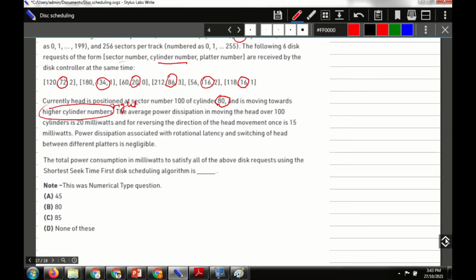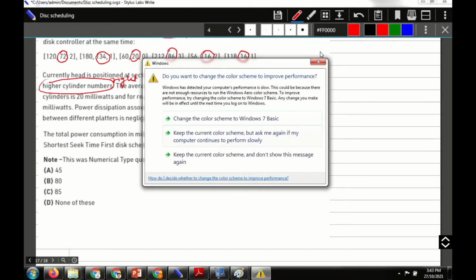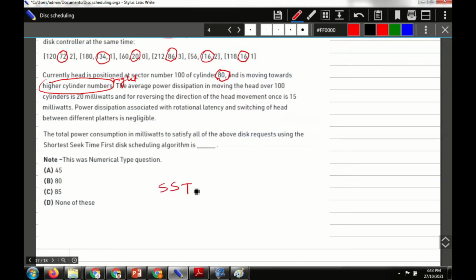So let us solve this example first by writing the cylinder numbers, and the algorithm that we have to use is shortest seek time first. For solving this example we will write the cylinder numbers in sorted order. The smallest one is 16, then 20, then 72, then 86, then 116 and 134.